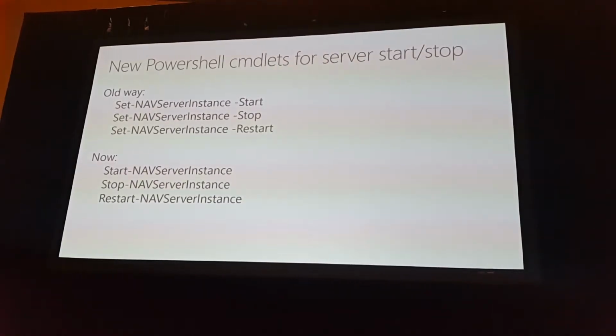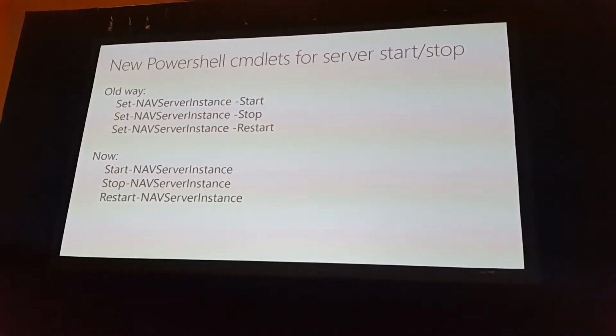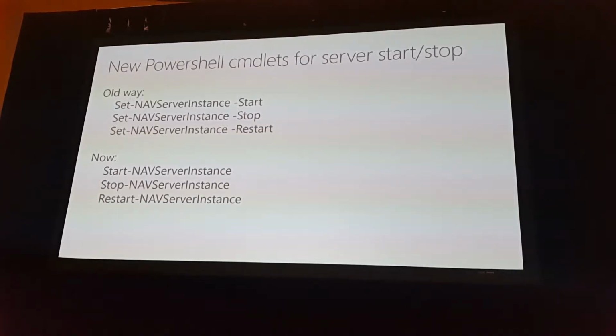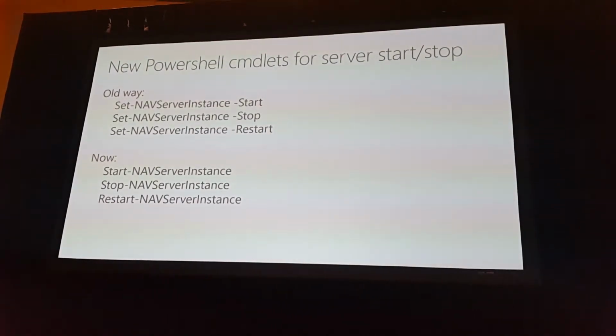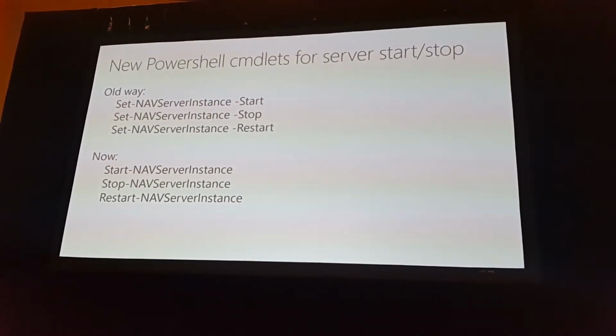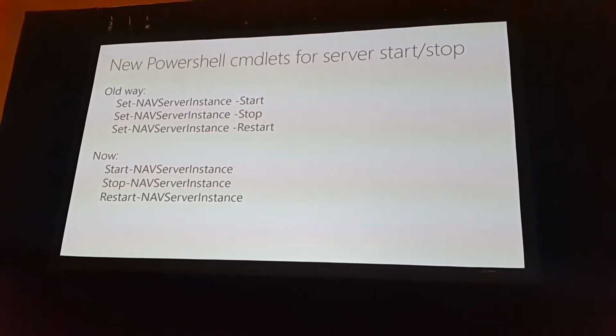We have some changes to PowerShell here and there. I want to call out one because I think it's somewhat interesting. Right now, you have set nav server instance start, stop, and restart, and you can do things like set nav server instance stop, stop, start, stop, restart, start.